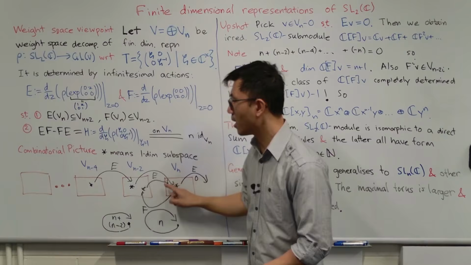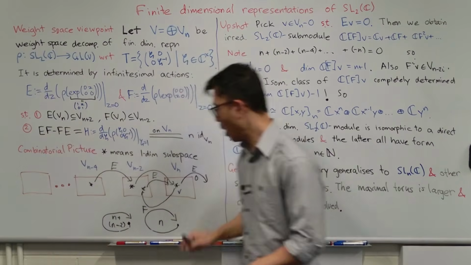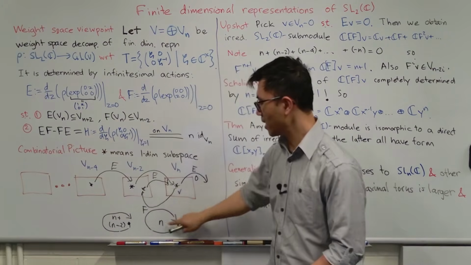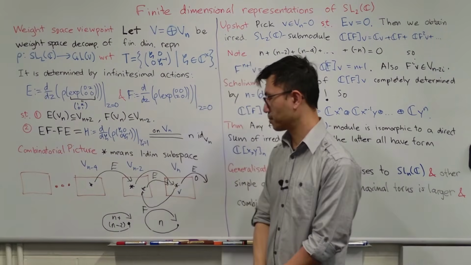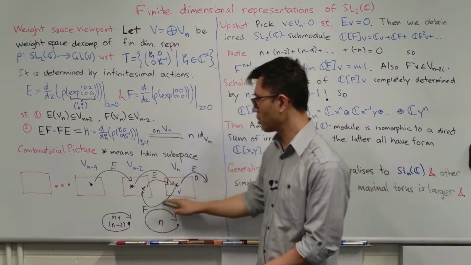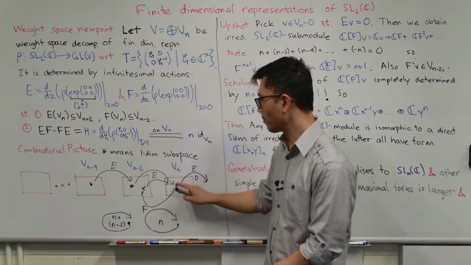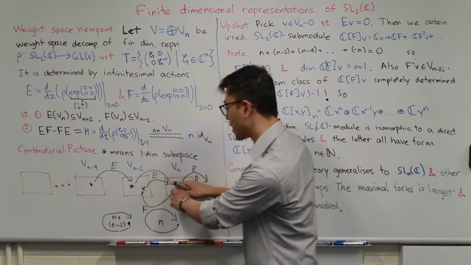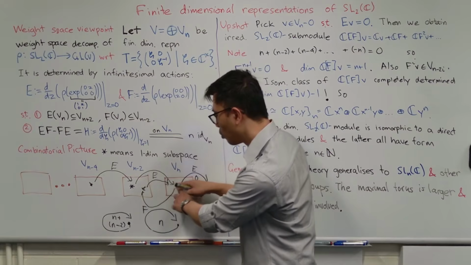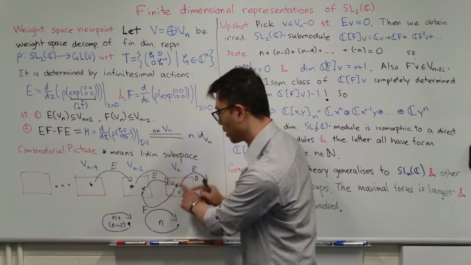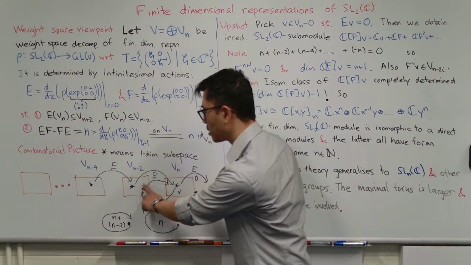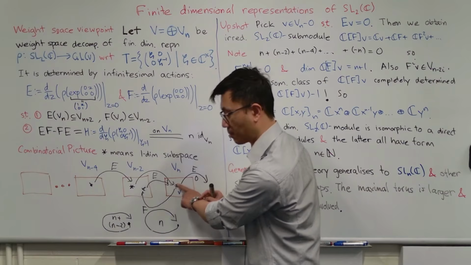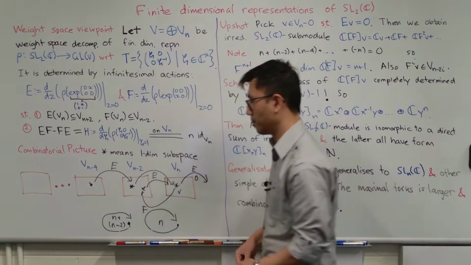So if you go around like this, what is that? That's just going to be N, because the other term is 0. So that's just N times the identity when you go like that. Well, that's good. If that's N times the identity, that means that when you map over to here and you come back, that's N times the identity. So actually this will map back to this one-dimensional subspace. If you apply F here, you get to this one-dimensional subspace. You apply E, you get back to this same one-dimensional subspace, because that's just multiplication by N.